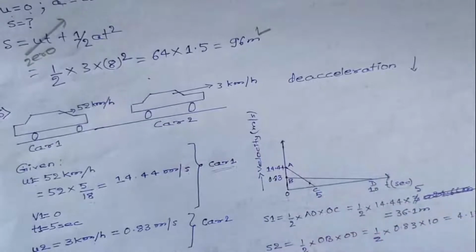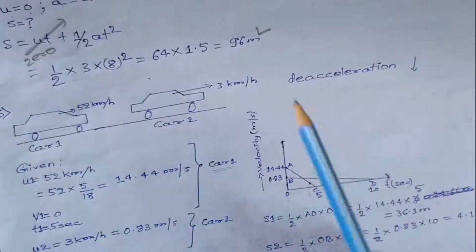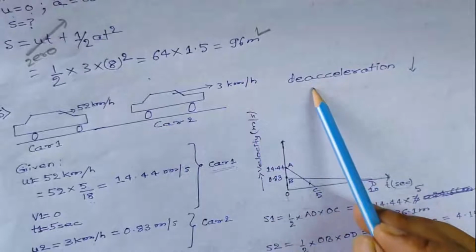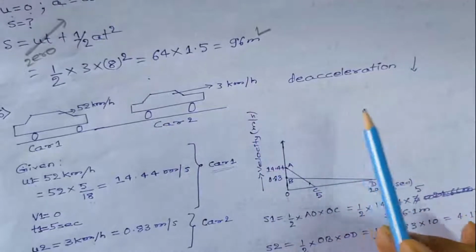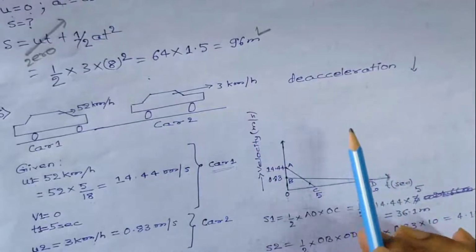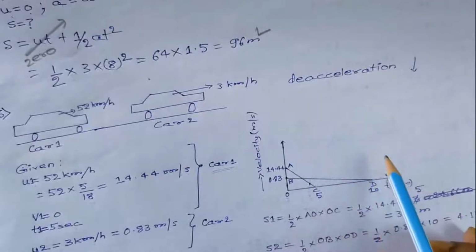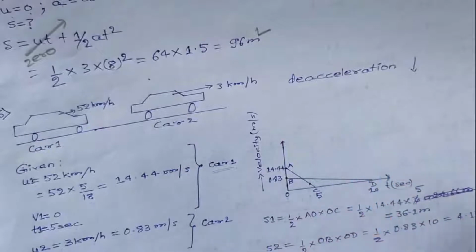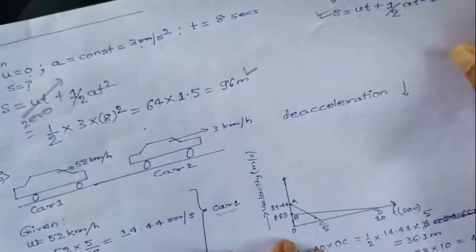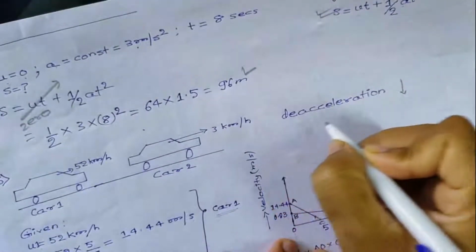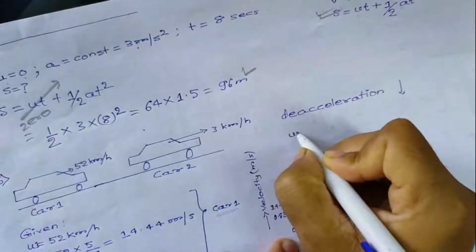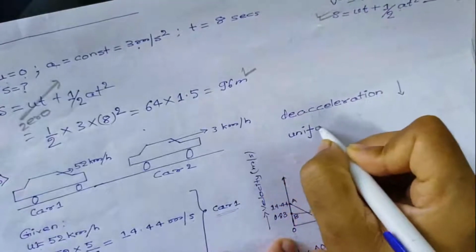Since this is a case of deceleration, a sort of acceleration. Acceleration comes into the picture when velocity changes uniformly. It's a case of uniform acceleration. You can write uniform acceleration.